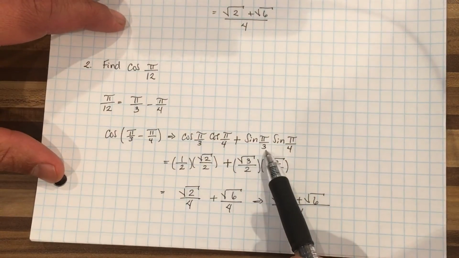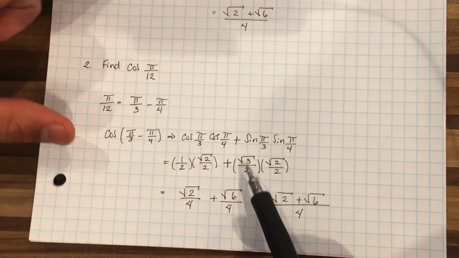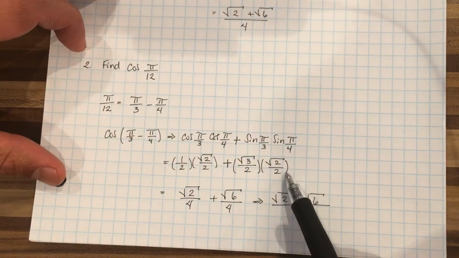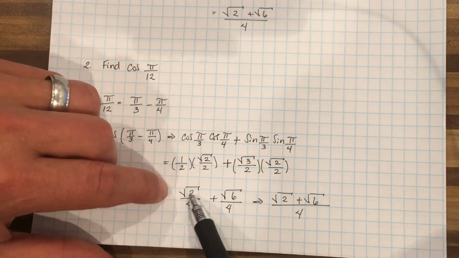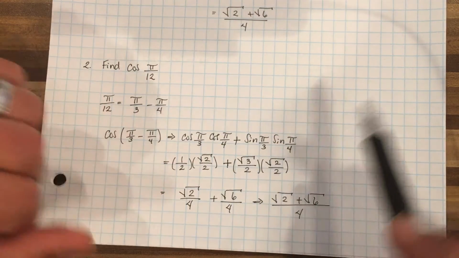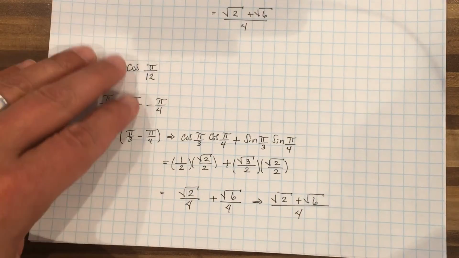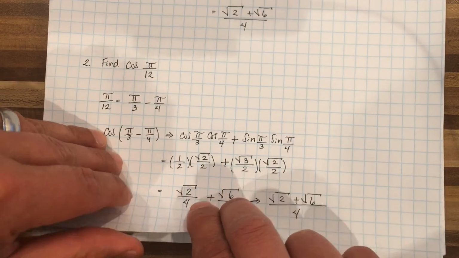Sine of pi over 3 is 60 degrees, root 3 over 2, and then sine pi over 4 is the same thing. Do the math: root 2 over 4 plus root 6 over 4, and you add them together. So these are pretty efficient, and you just want to leave them as irrational values.